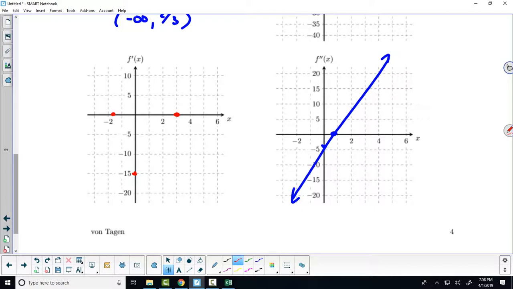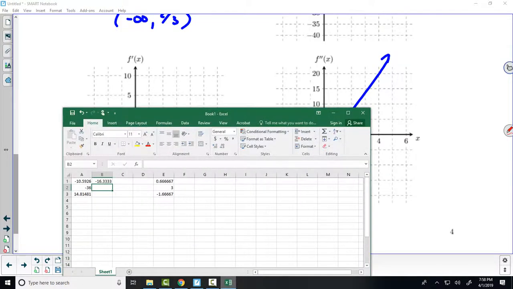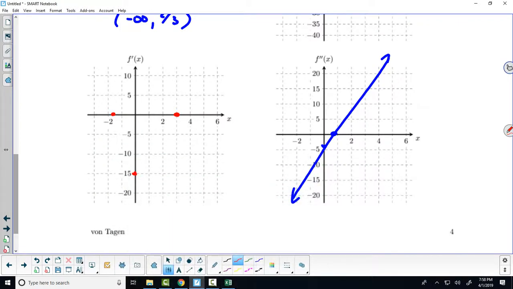If you plug 2/3 into the derivative, you get -16 1/3. So that's right about here. Okay? So there's that point, and now we can go ahead and sketch this curve. Oh, that's pretty ugly. Oh well.